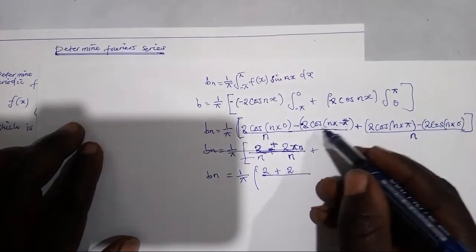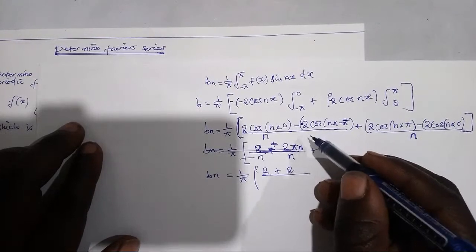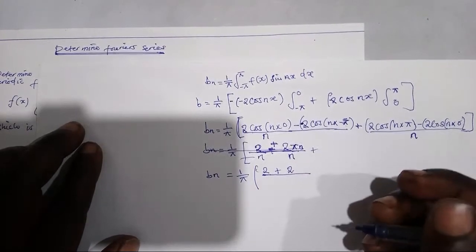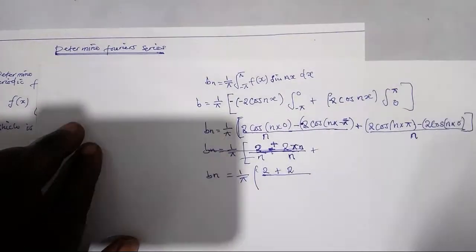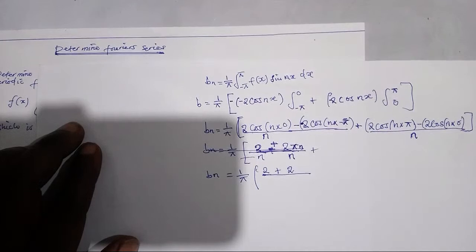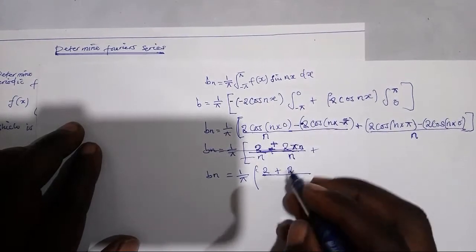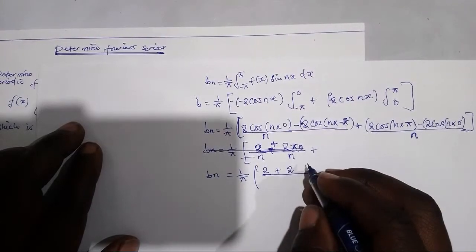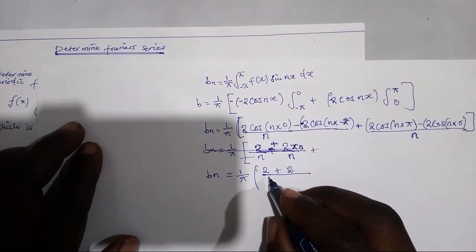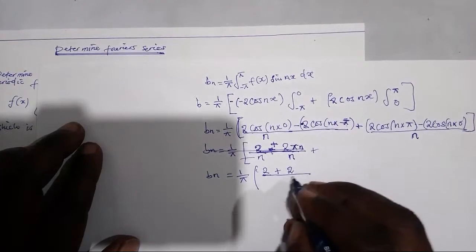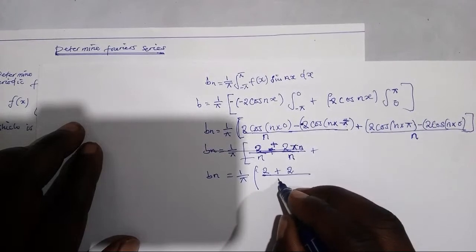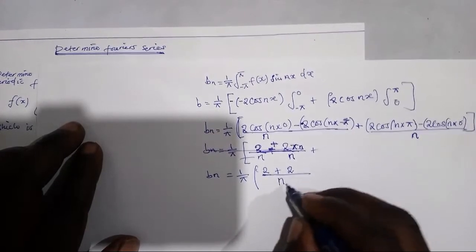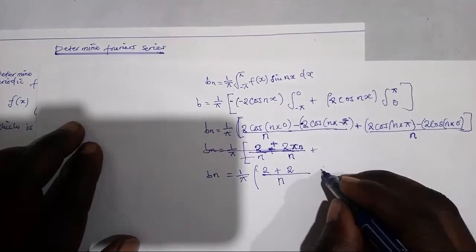This number which you have put, because when you're dealing with cos, we only deal with the odd numbers, okay? Then here, you are going to have 2 plus 2 over n, okay? 2 plus 2 over n.